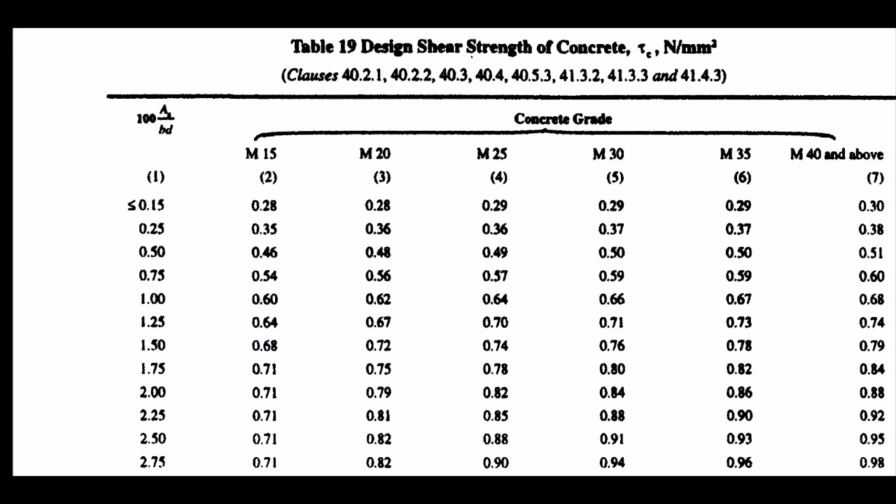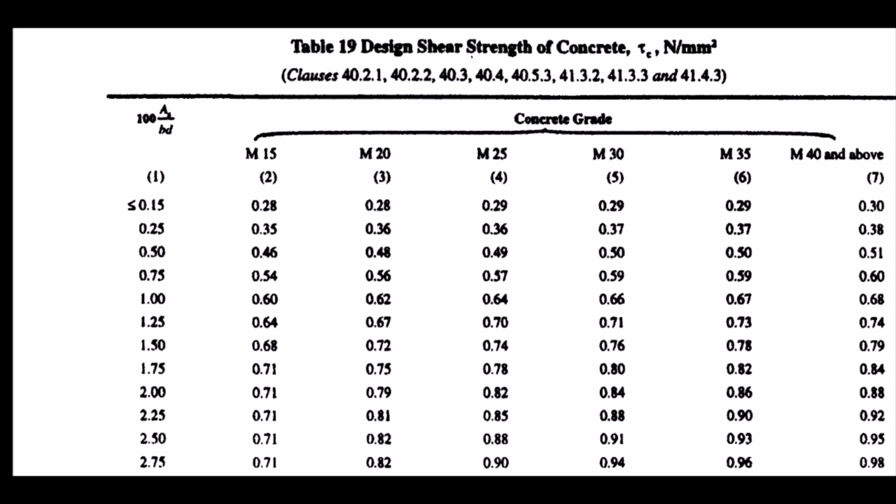Our grade of concrete is M20, so for 0.25 the design shear strength is 0.36 Newton per millimeter square, and for 0.50 percentage with grade M20 the value of tau C is 0.48. So for percentage of steel 0.33 and grade of concrete M20, the value of tau C will definitely lie between these two values, 0.36 and 0.48.